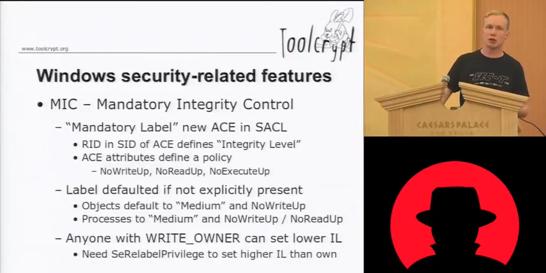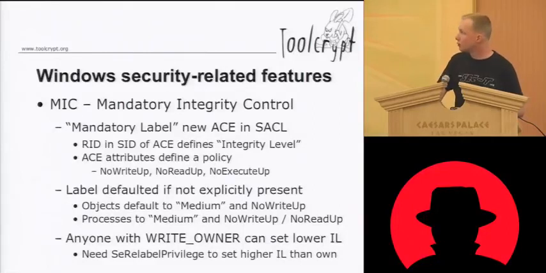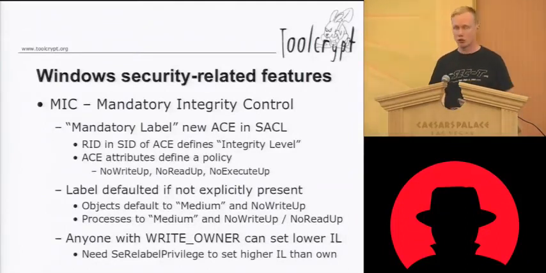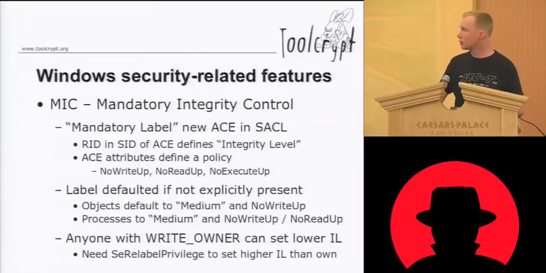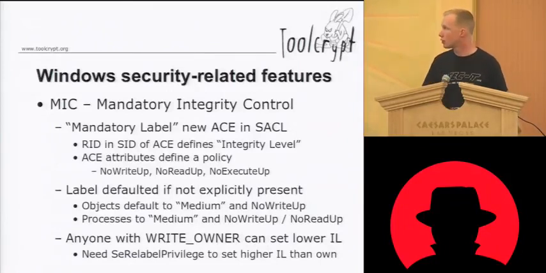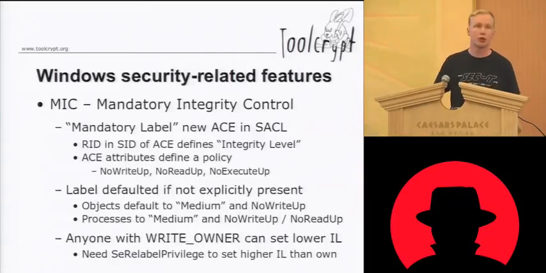So most system resources are by default tagged with the integrity level of medium. Rather, if there isn't an access control entry with mandatory label in the system access control list, or SACL, for a specific resource, it will be interpreted as being of integrity level medium with the no write-up policy, except for processes, which will be interpreted as integrity level medium with no write-up and no read-up.